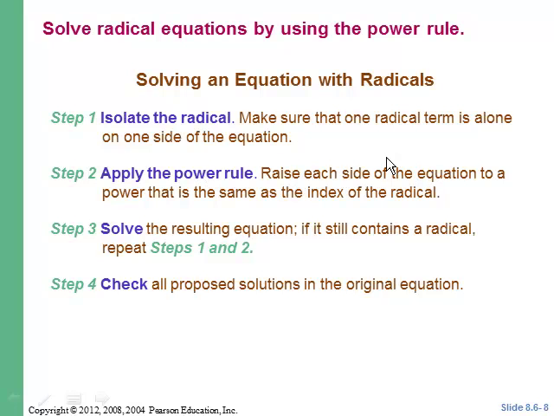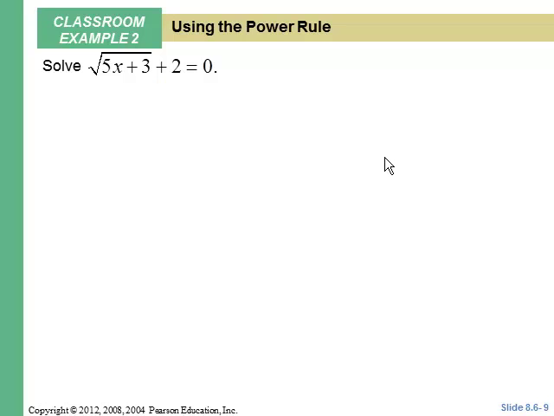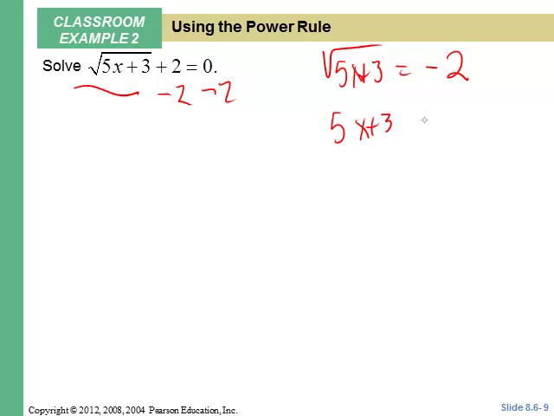So the first step is to isolate the radical, apply the power rule, solve the equation, and check. So in this case, notice we have to get the square root all alone, so let's subtract 2 from each side, and we get square root of 5x plus 3 equals negative 2. Square both sides, you get 5x plus 3 equals 4.